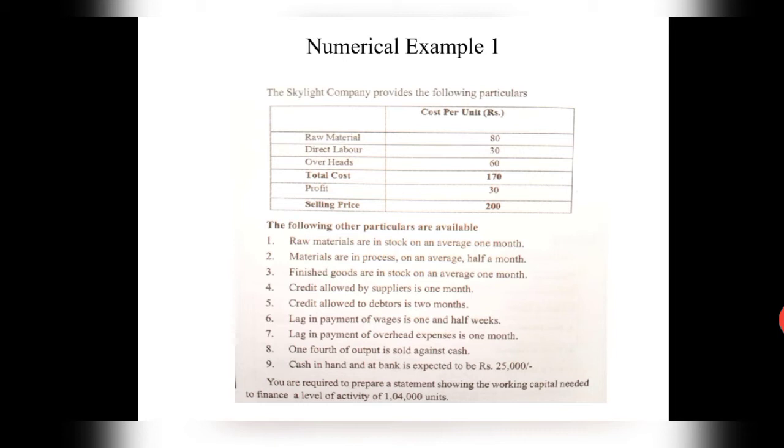So we'll have to find out how much money will have to be invested in the current assets, in the form of raw materials, work in process, finished goods, debtors, then again cash and bank balance. And then we have to also estimate the amount of current liabilities. Then current assets minus current liabilities will be the estimated amount of working capital.